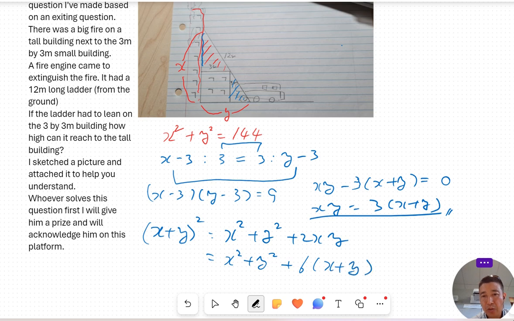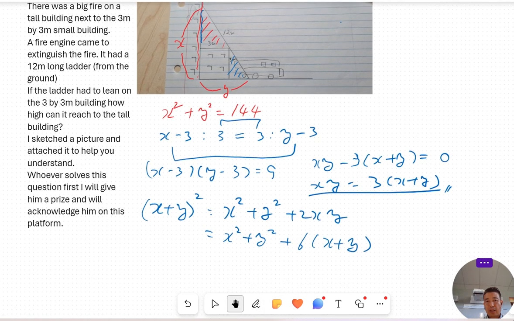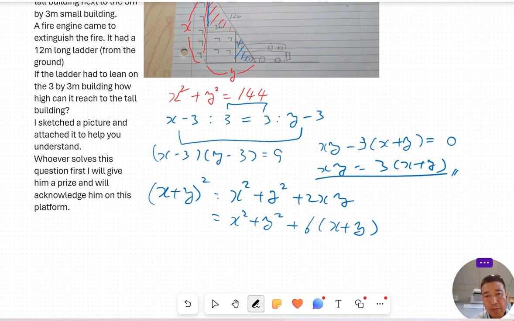You understand? That's actually good because we know x squared plus y squared is 144. So if I write it again, (x plus y) squared minus 6(x plus y) minus 144 equals 0.